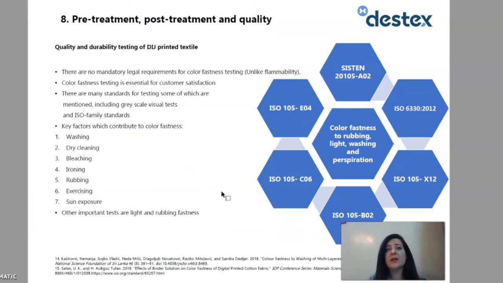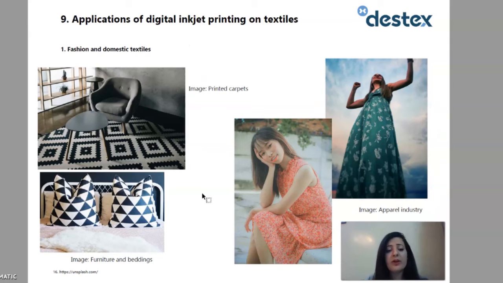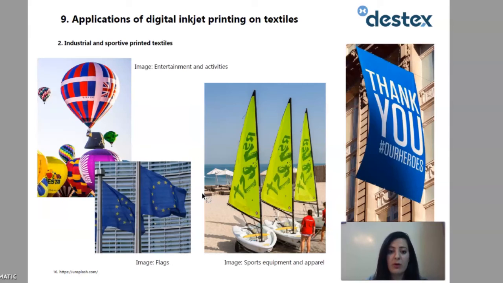There are, of course, many standards to control and to assess the quality of the printed material. For example, from the ISO family, we have many standards for washing fastness and so on to standardize these qualifications globally. For the application in the textile industry, this methodology is very widely used, especially for fashion and home furniture.